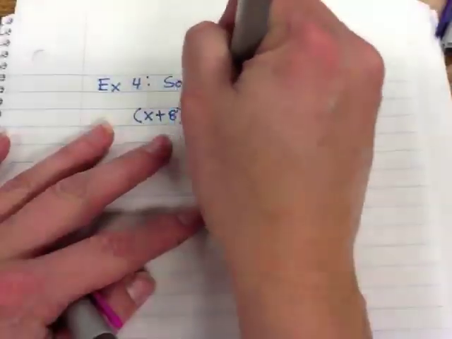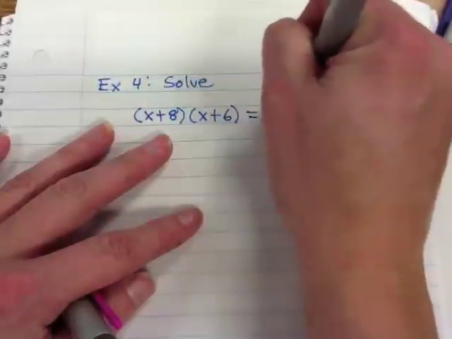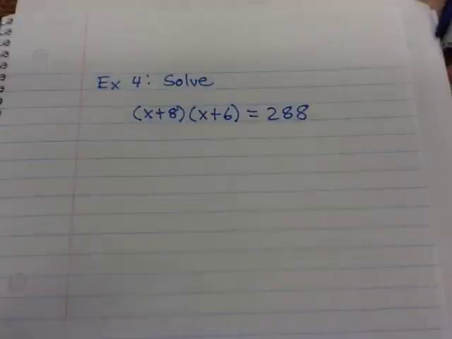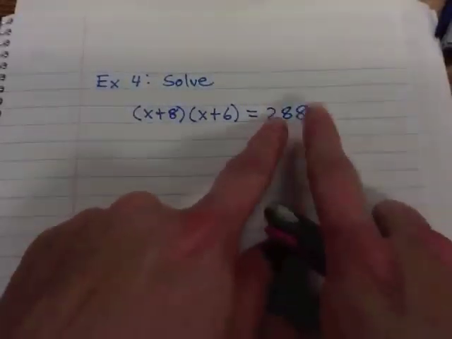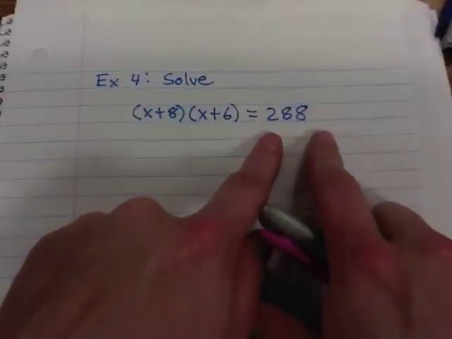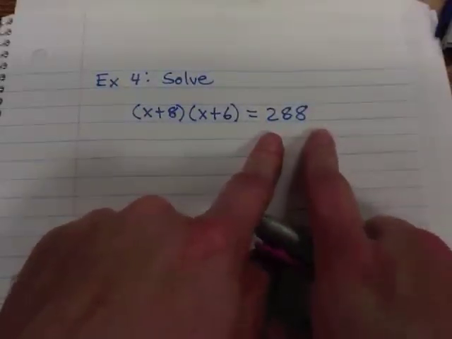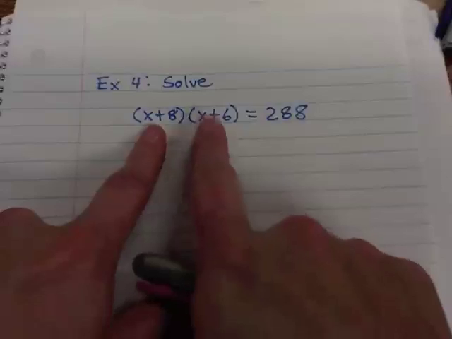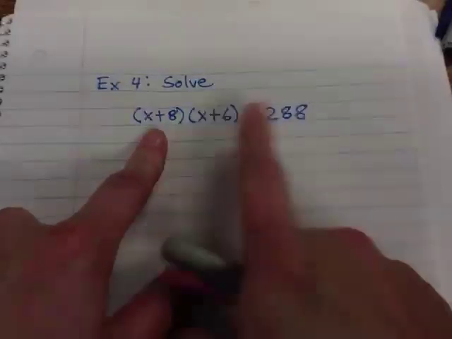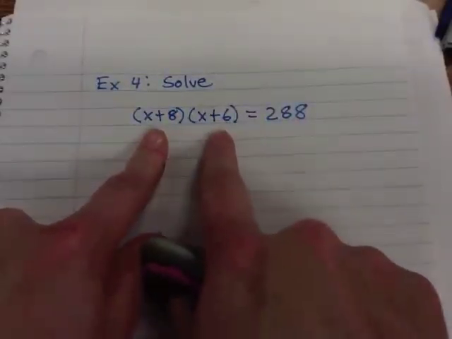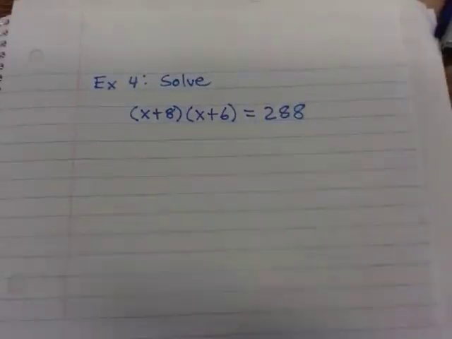It says solve x plus 8 times x plus 6 equals 288. This is the one I was talking to you about. It's not equal to 0, which means that I'm actually going to have to multiply these out, then subtract 288 to start with something I can refactor.